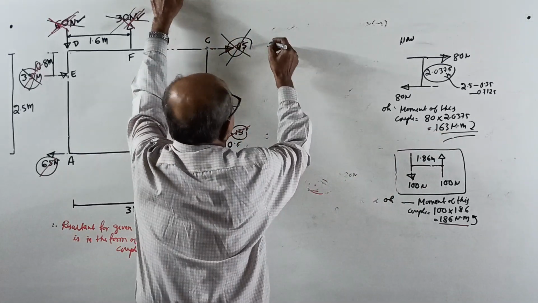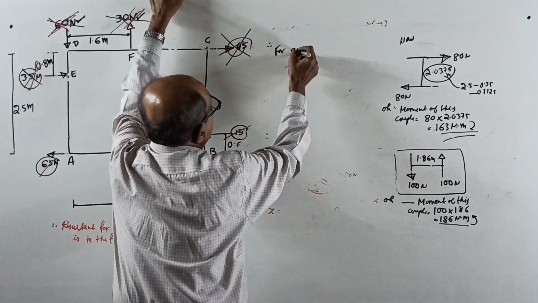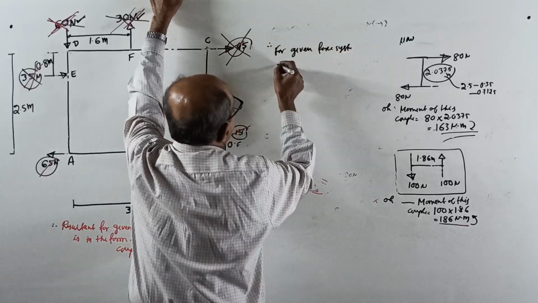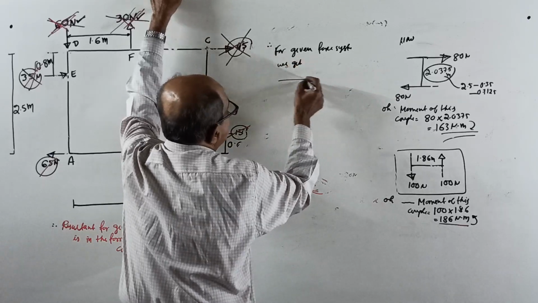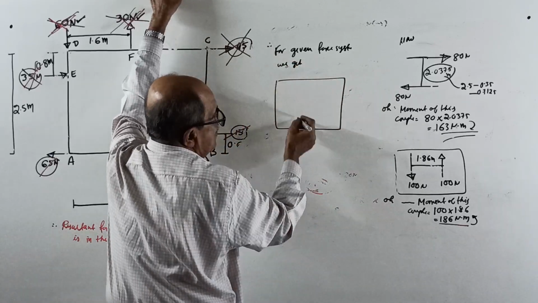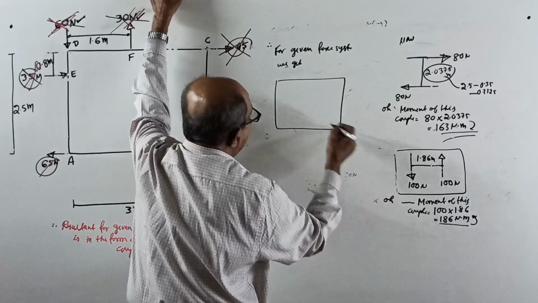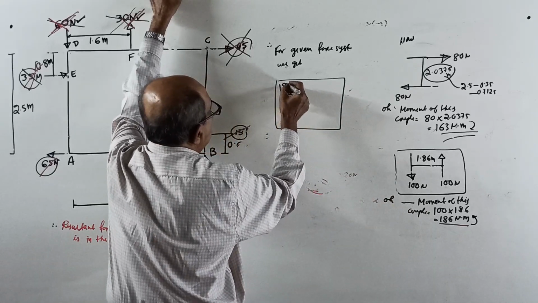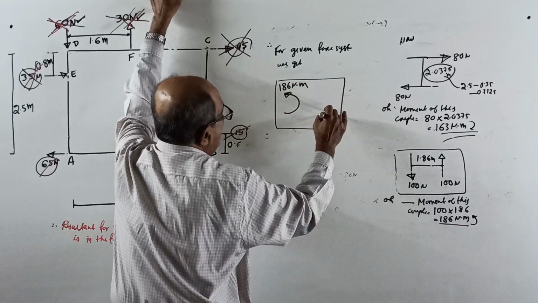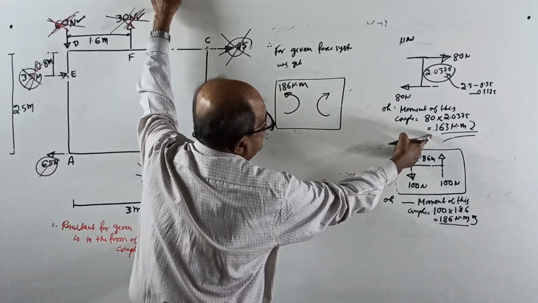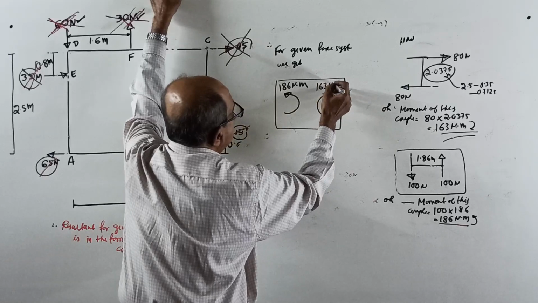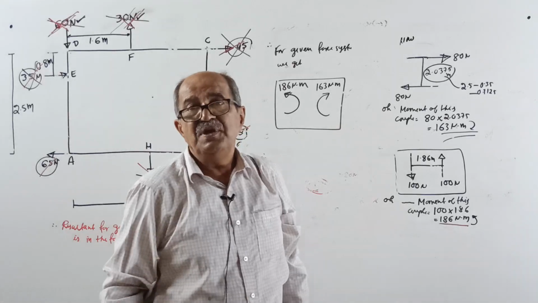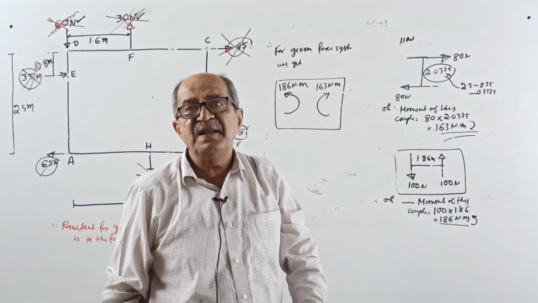Now, therefore, for the given force system, we get one anti-clockwise couple of 186 Newton meter and a clockwise couple of 163 Newton meter.